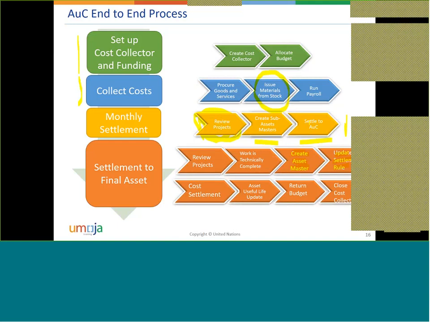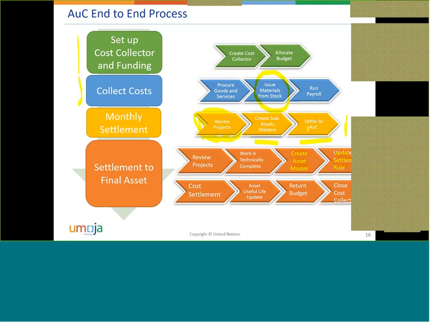So before we settle to the AuC, we only have a list of expenditures, a list of expenses that has been incurred. But the AuC value will be 0, right? So we settle the cost to the AuC. Let me put a practical example. We spend $10,000 in a construction company, and we spend $20,000 in materials.